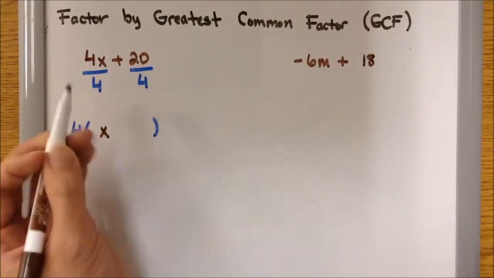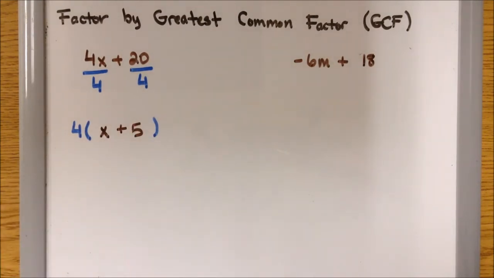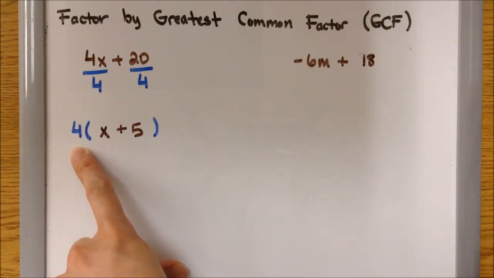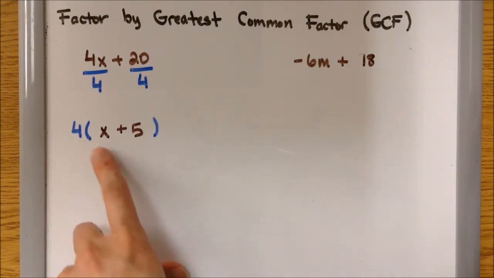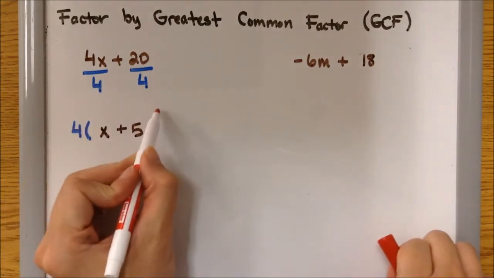Positive 20 divided by 4 is positive 5. So I factor out the greatest common factor, 4, times x plus 5. I finished factoring, and this is our final answer.